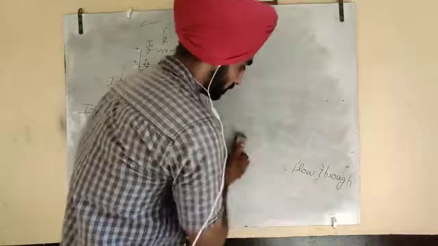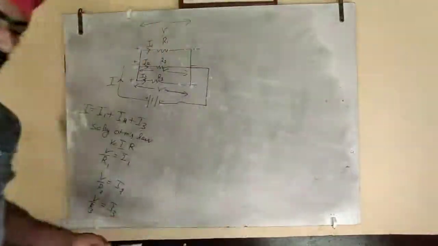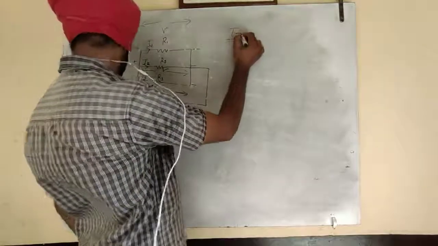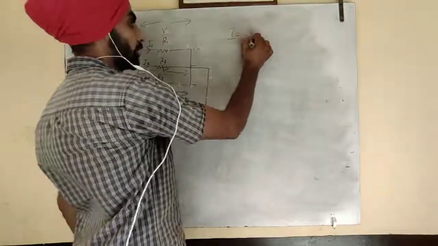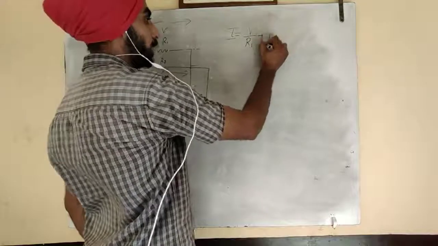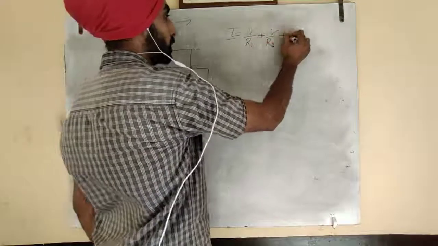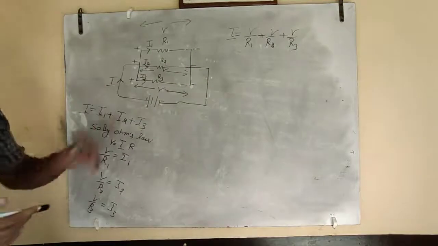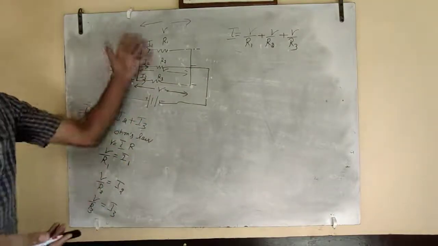Now we will do this derivation concept. So I is equal to V upon R1 plus V upon R2 plus V upon R3. Same way, if I go to the market, I will say get me an equivalent resistance of these three.